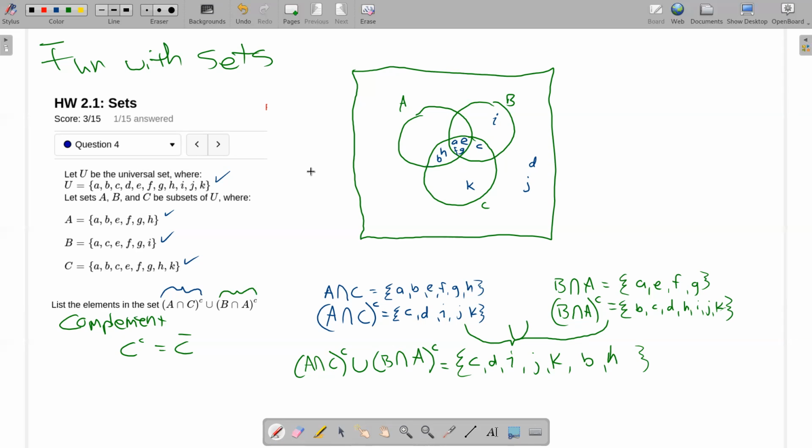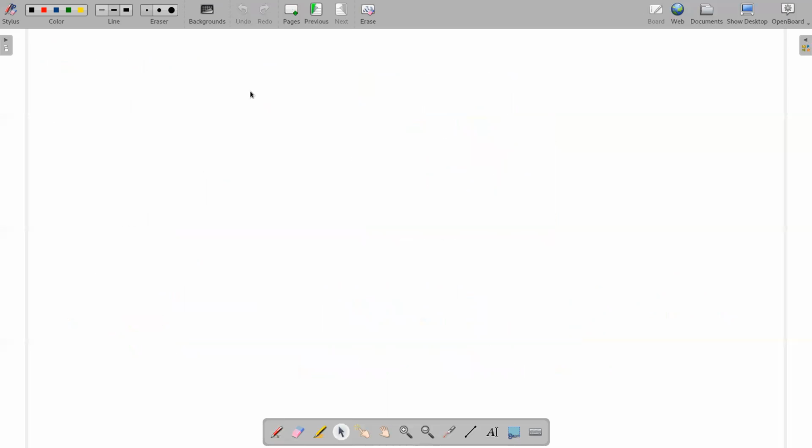So let's look at another version of that. What I want to do is draw a picture of this set in a Venn diagram with some highlighting. So let's put that up here.